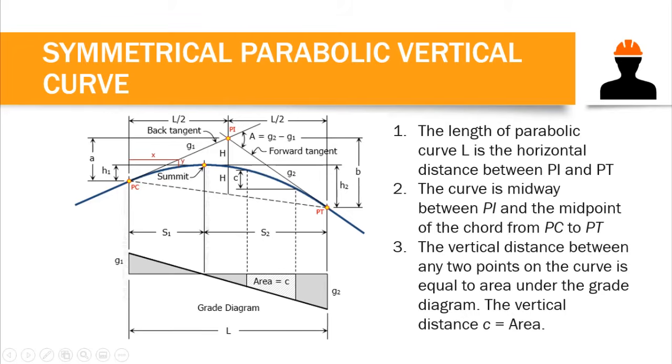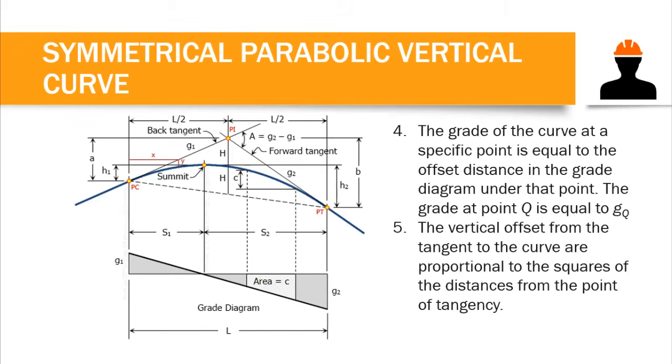So, for example, if we want to compute the vertical distance between, let's say, A and B, you just need to compute the area between those two points, and this area equals the vertical distance. Later I'm going to teach you how to draw the grade diagram of our parabolic curve. Number 4, the grade of the curve at a specific point is equal to the offset distance in the grade diagram under that point.